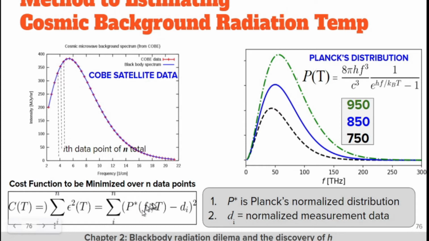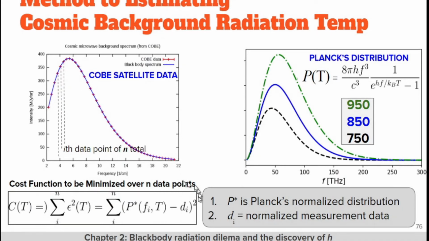So we would have this function evaluated at that particular frequency. Every point on here is a value from the spectrum corresponding to a particular frequency. We plug that frequency into our Planck's function, and then we also use the data point corresponding to that frequency, calculate the difference between those, and square that.